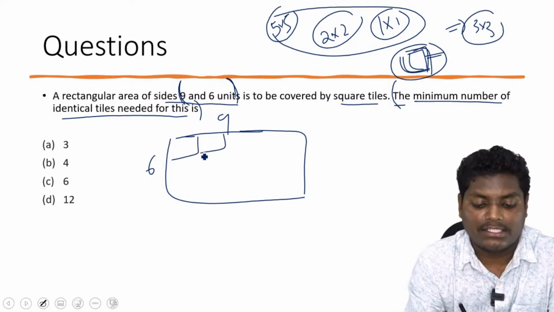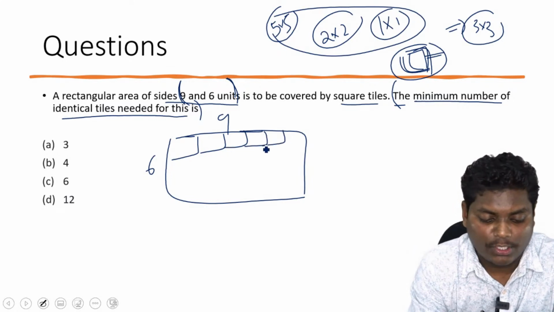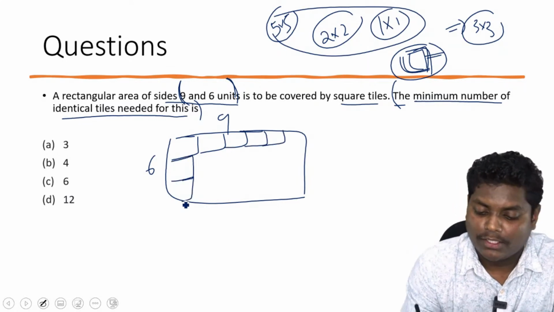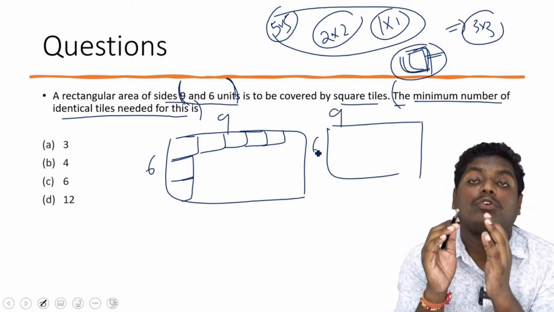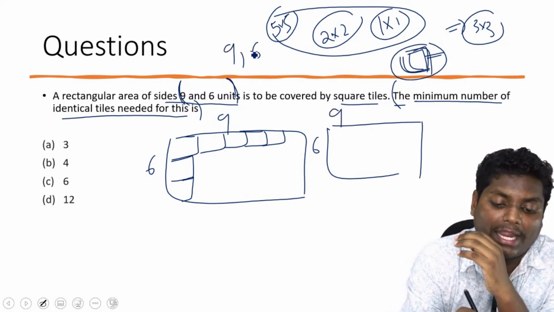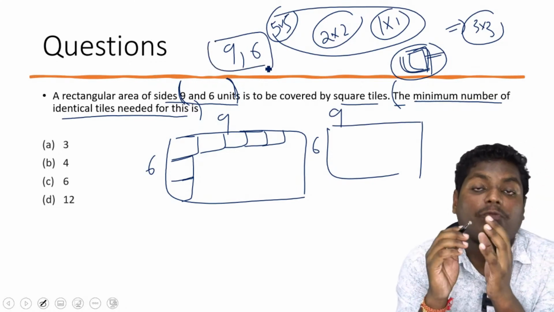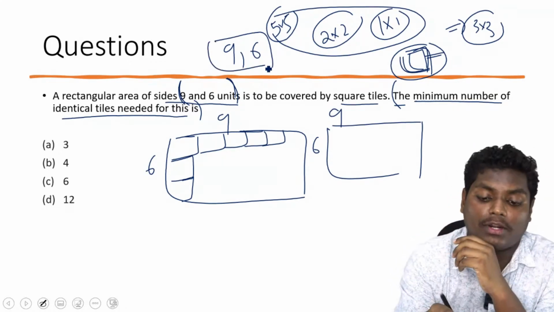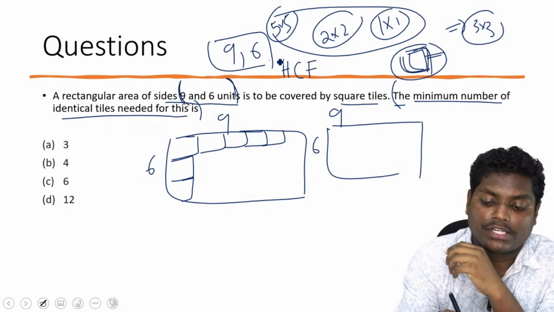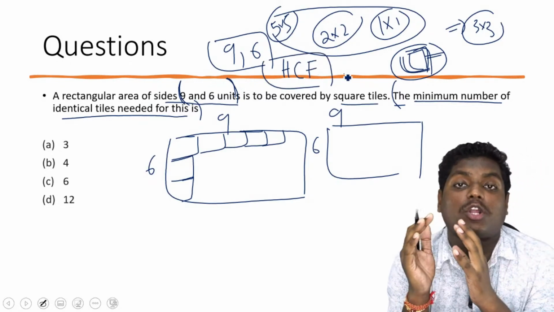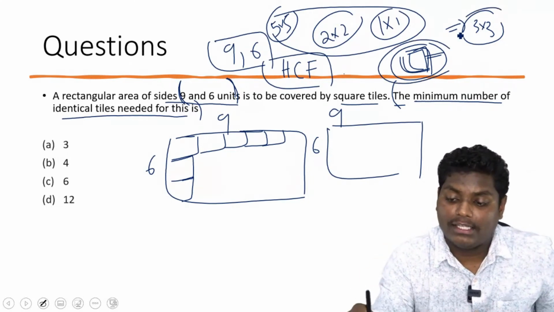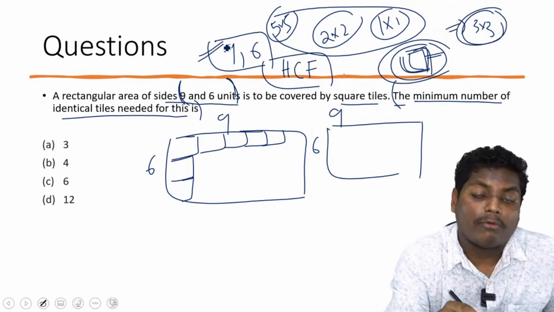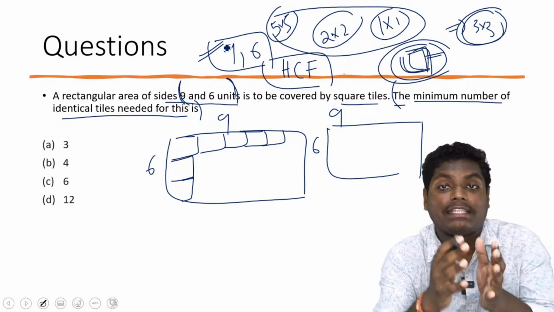They should be aligned properly in this way and in this way also. So if it is 9 and 6, we need to see the factor. The trick to solve this question is to find the HCF, the highest common factor, because the dimension of the tile that we want to find should be a factor of 9 and 6 so that the tiles fit in properly.